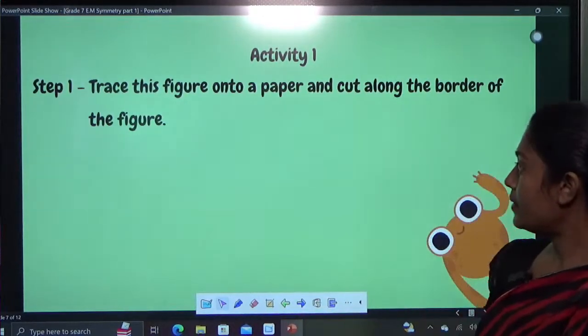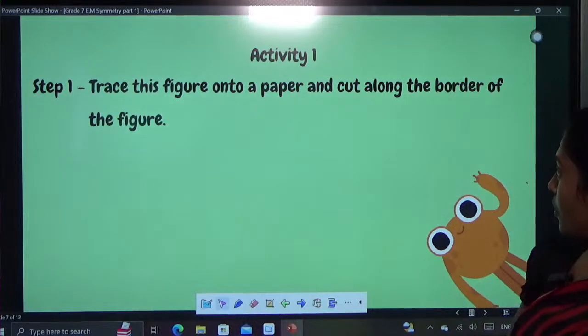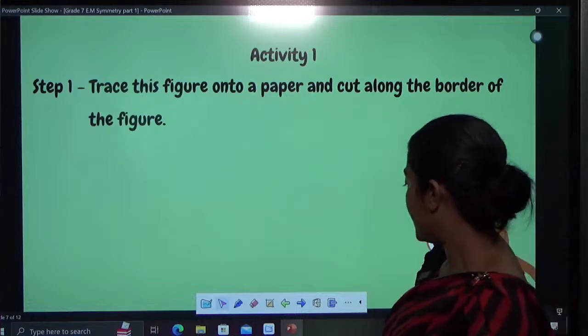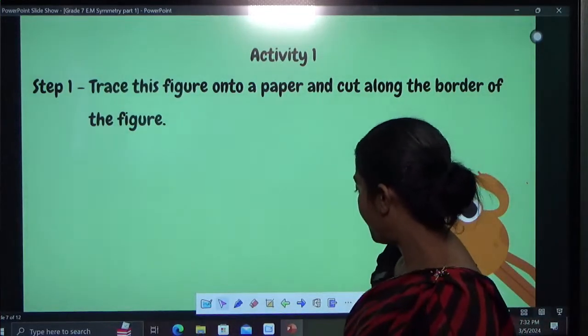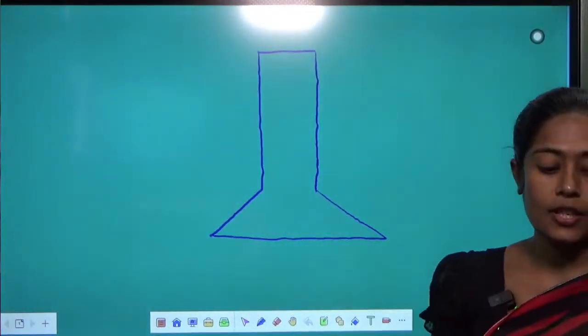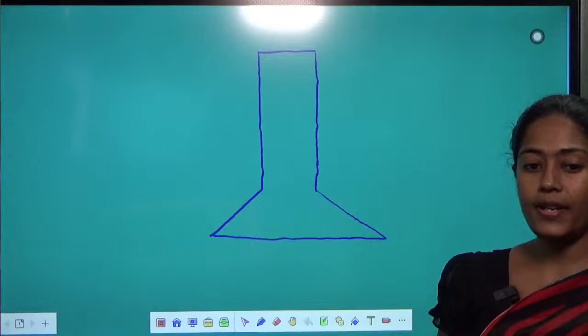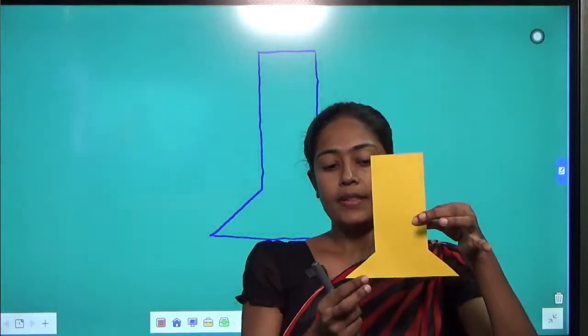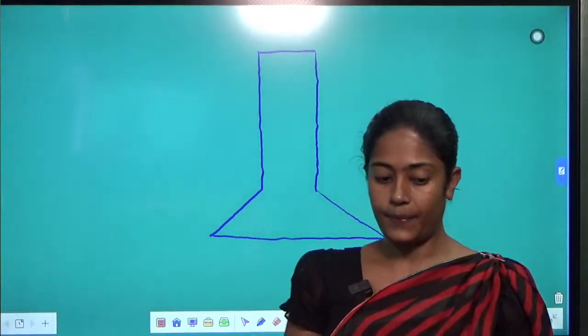Step number 1, trace this figure onto a paper and cut along the border of the figure. This is the figure you have to draw. So you have to cut out the figure like this, then cut out this one, right?